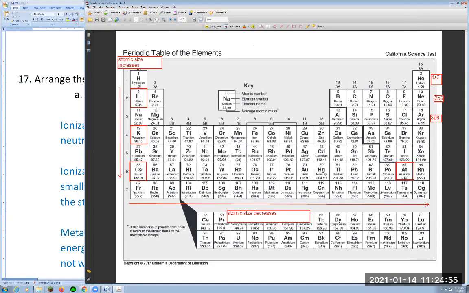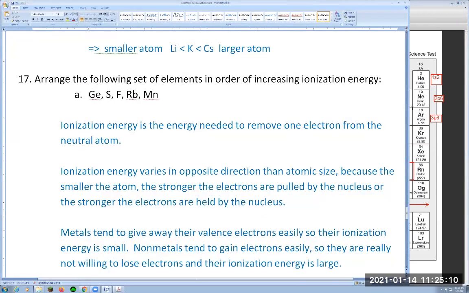They like to give away their valence electrons to be like the next noble gas because they have few valence electrons, so it is easier to get rid of those few valence electrons. So that will make them willing to give away an electron. So their ionization energy will be small.